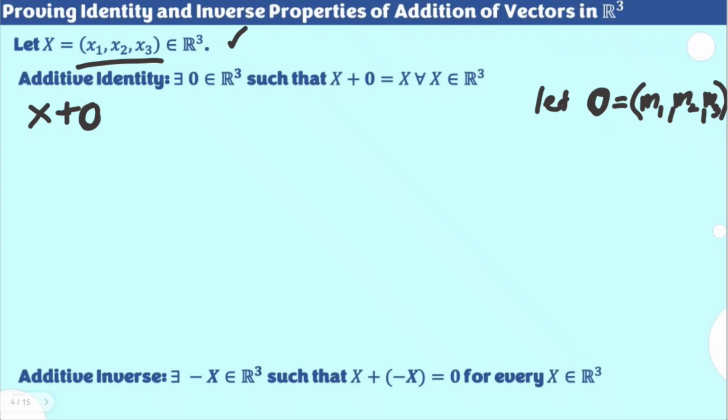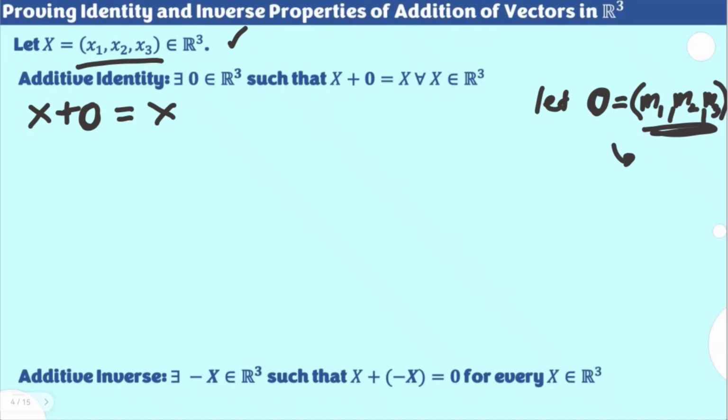If this really exists, it is a vector in R3, and obviously at this point it is. If it exists, considering that it satisfies this identity equation, then we have proven that there exists an additive identity.